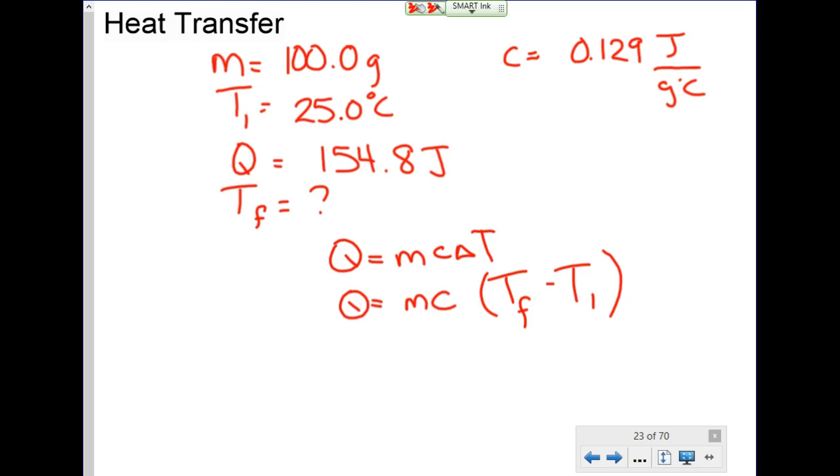We're going to call that X, or T if you want. It doesn't really matter what letter you give it. Multiply 100 and 0.129 together.